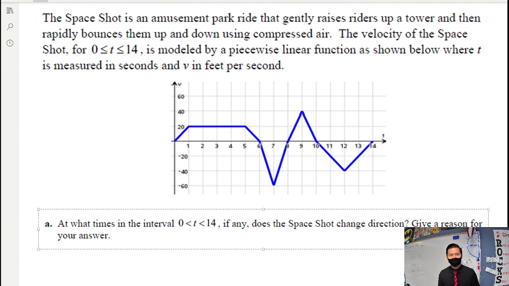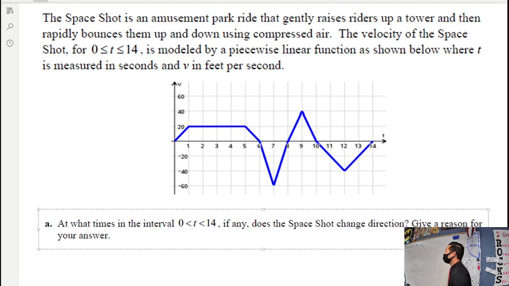Wait. I gotta imagine this, them bouncing up and down. So do you just have to list the times? Yep. So wait, is it velocity? There you go. Never mind. It's not a graph of position, is it? It is a graph of velocity.